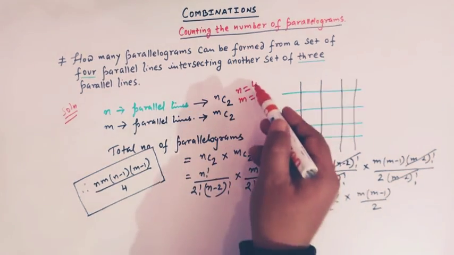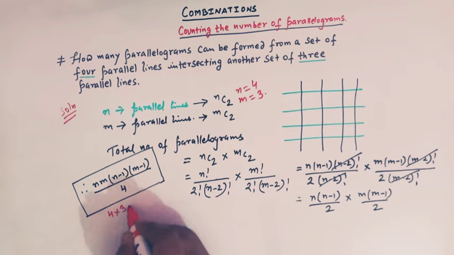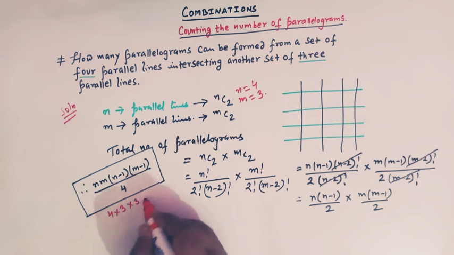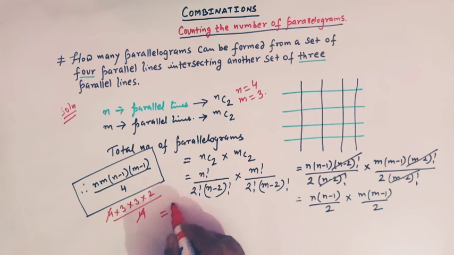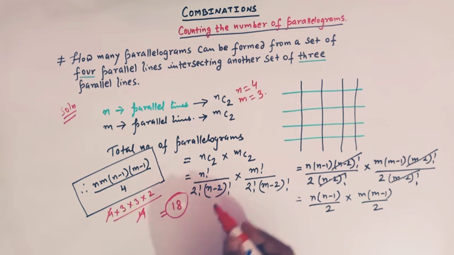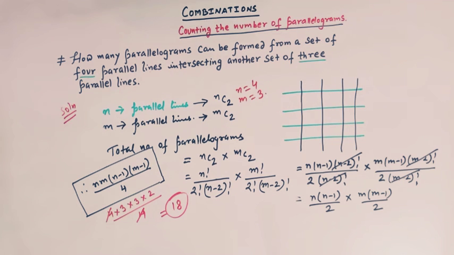So if we substitute here, then we get 4 times 3, then 4 minus 1 is 3, then 3 minus 1 is 2, divided by 4, and 4 and 4 get cancelled, and we have 3 3s are 9, 2 9s are 18, right? And which is the same result which we have just calculated, right? So viewers, this is how we solve this problem.